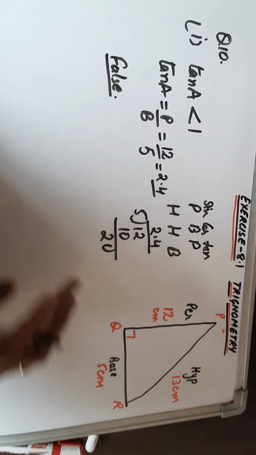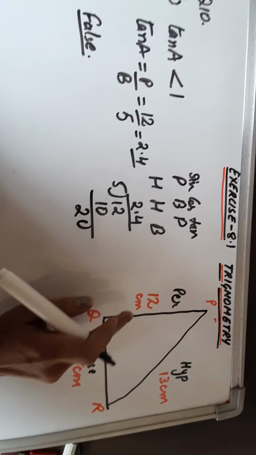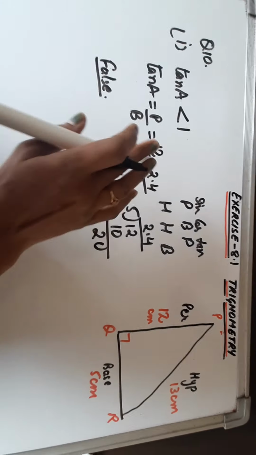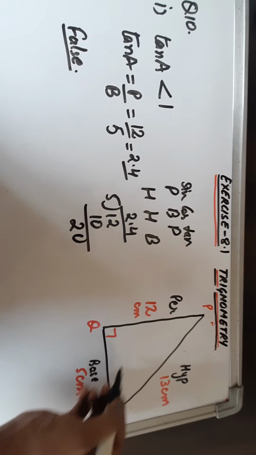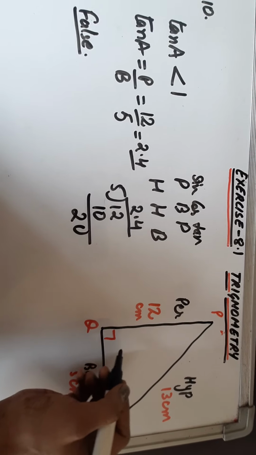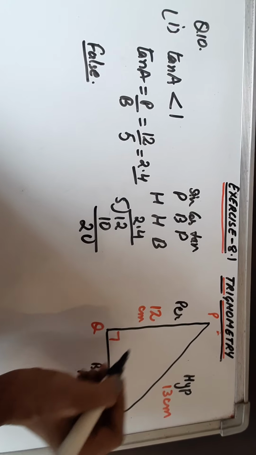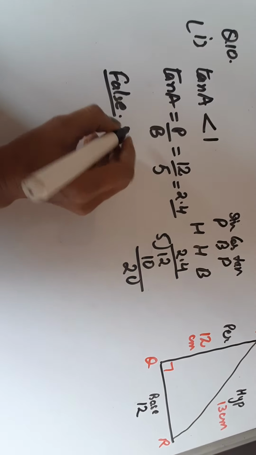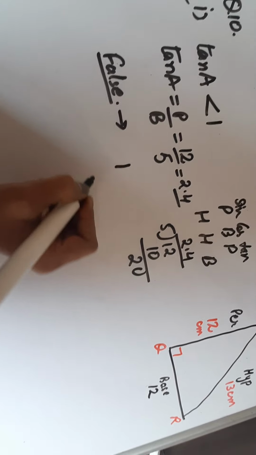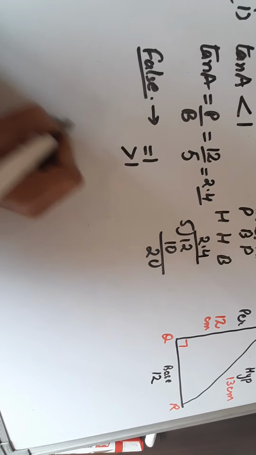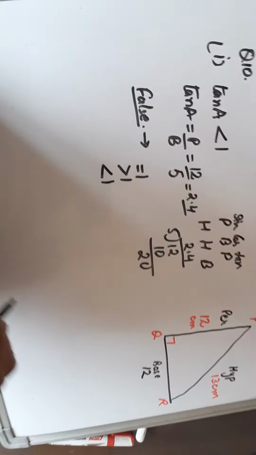Yes, it can be correct if I take perpendicular as 5 centimeter and base as 12 centimeter. Then it can be true. And if this is an isosceles right triangle, if both values here become 12, then 12 by 12 is 1. So the value of tan can be equal to 1 also. It can be greater than 1 also, it can be less than 1 also.